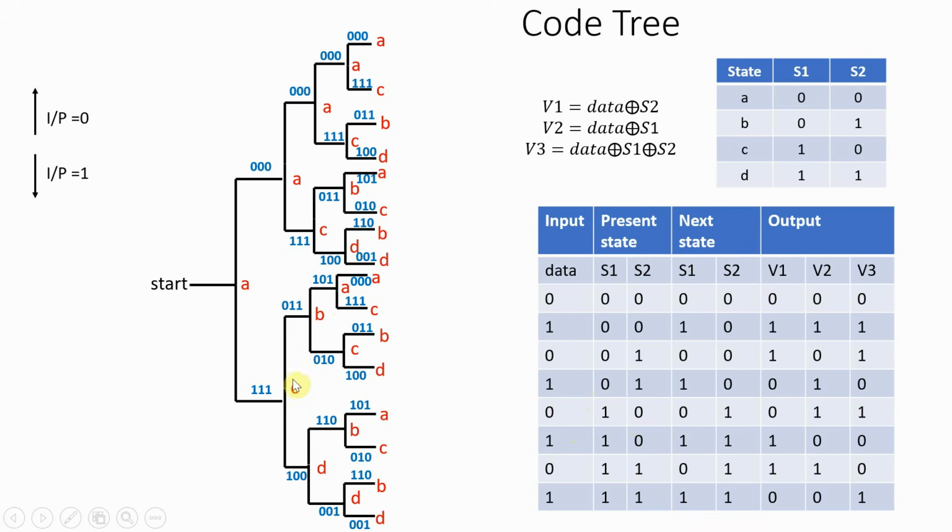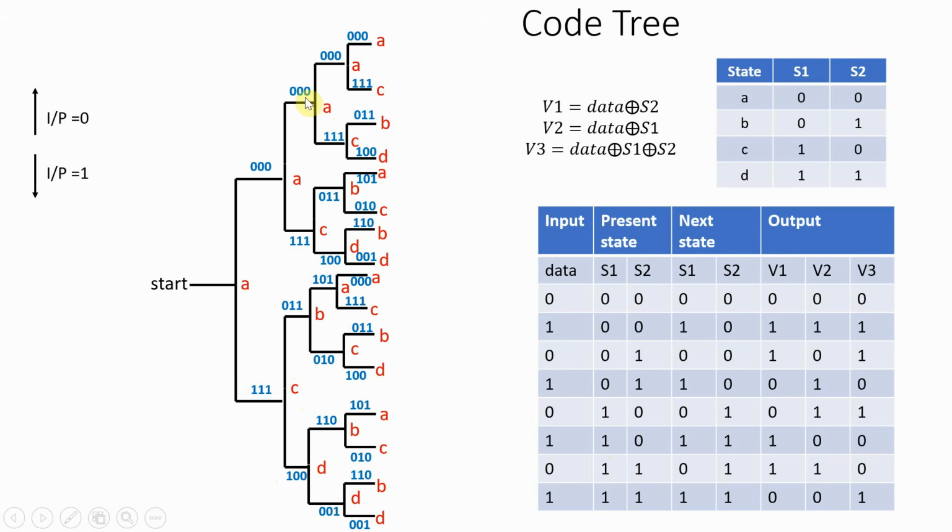Similarly, when we are in state C and input 1 arrives, we should go downwards. The next state is state D and the corresponding output is 1 0 0, which can be seen in this row. Now again, when we are in state A, the same thing repeats.